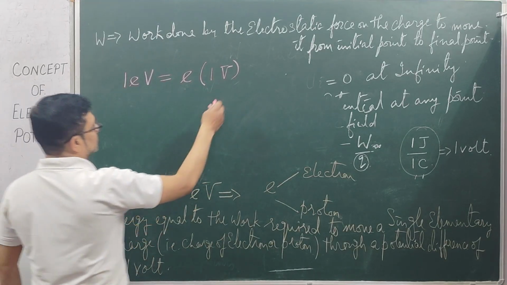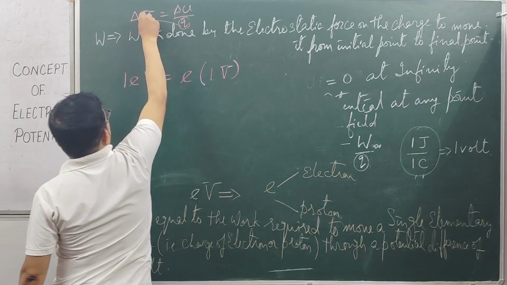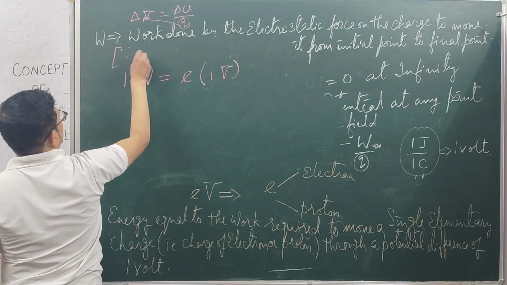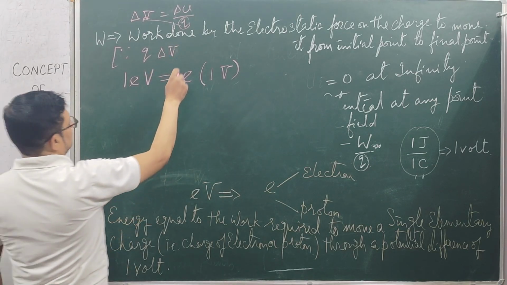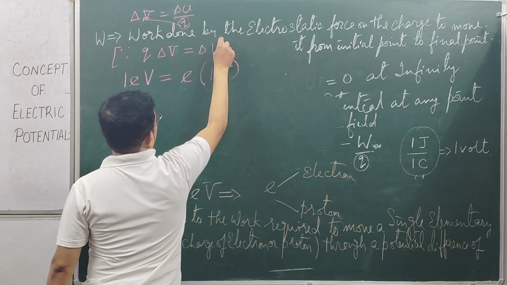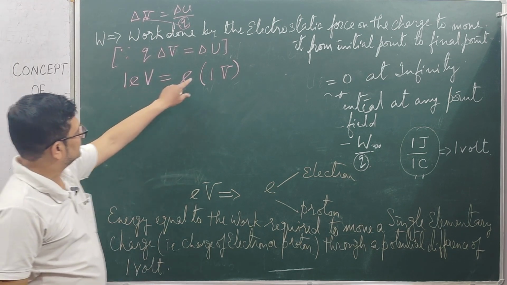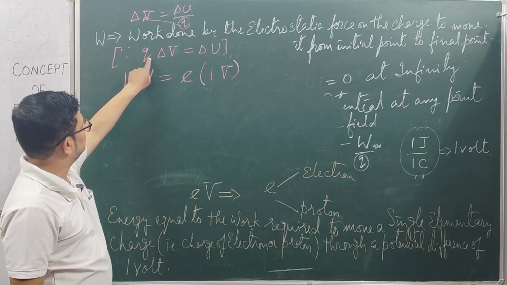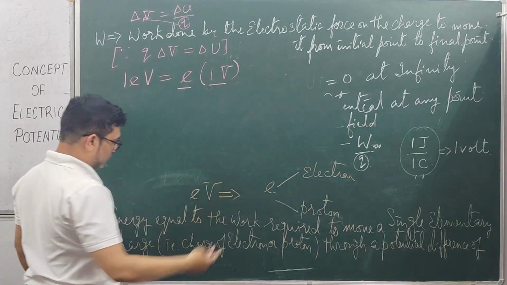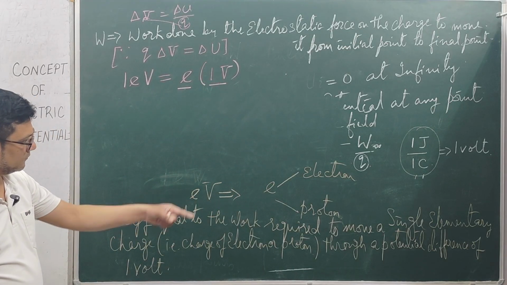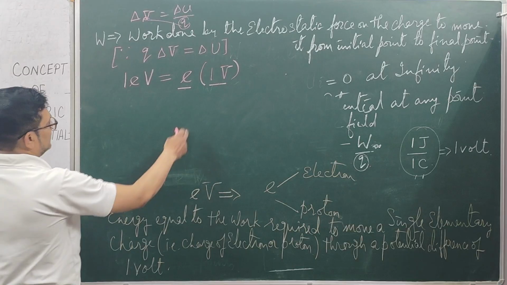We already know this equation is defined as delta U over Q, so Q times the potential difference is equal to the difference in potential energy. So if you multiply the charge with the potential difference, it is the energy equal to the work done to move a single elementary charge through a potential difference of 1 volt.